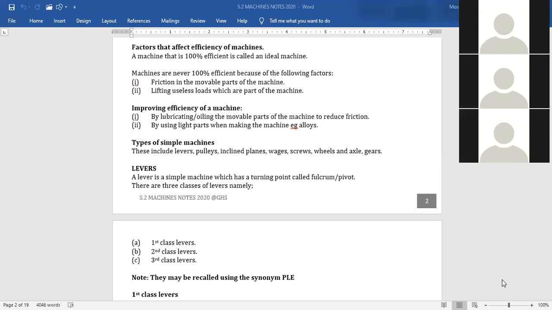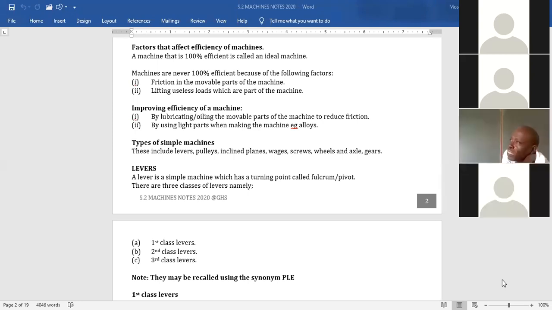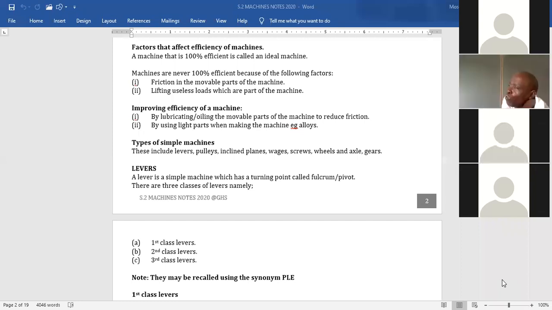Efficiency means that whatever you put in is almost equal to what you get out, or more. Are we together? If we can measure what we have put in against what we have put out, and we have wasted as little as possible, we are likely to be more efficient.